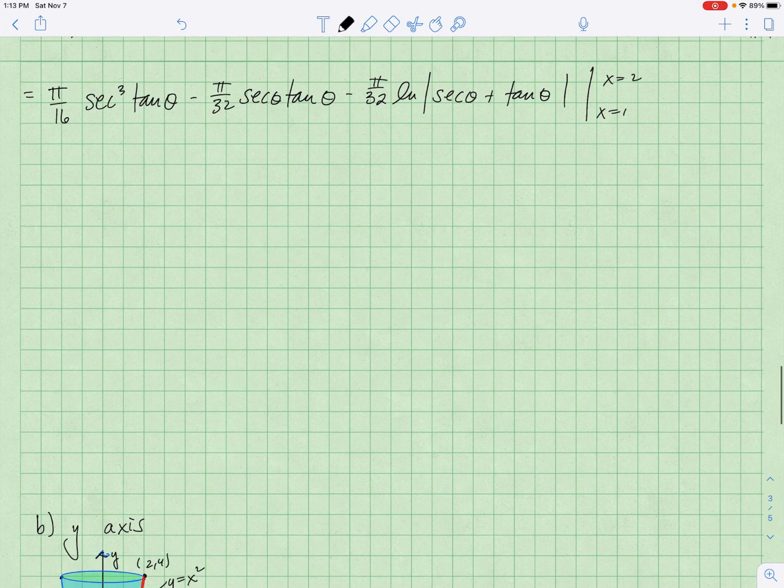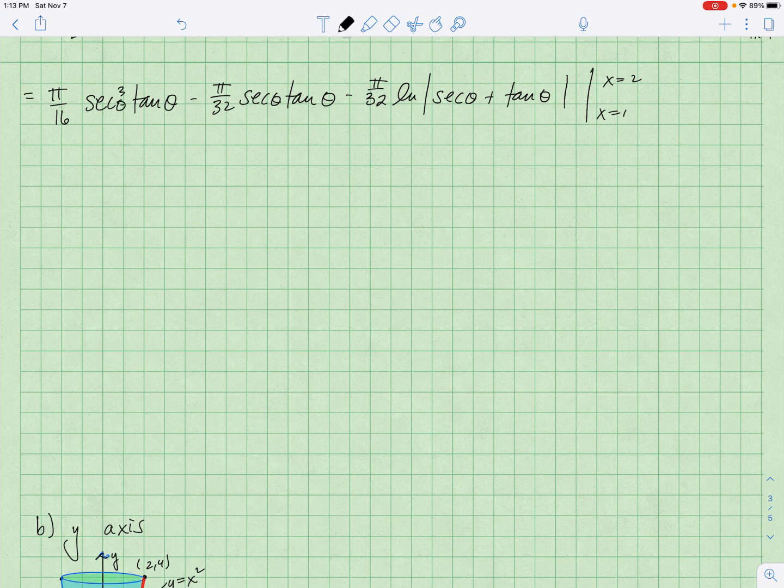And now we can undo our trig substitution. Looks like I left out a theta there. Our original substitution was 2x was equal to the tangent of theta. So drawing a little reference triangle here, theta, the tangent is opposite over adjacent. This is 2x to 1, and this is the square root of 1 plus 4x squared.